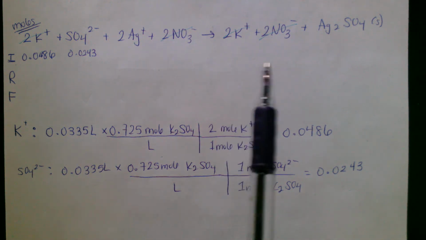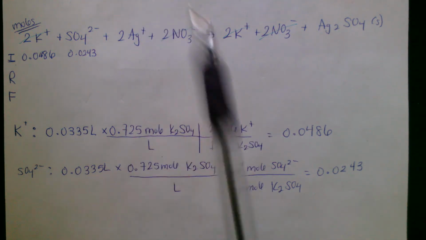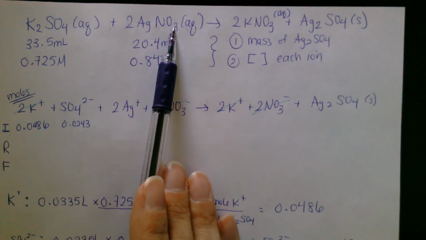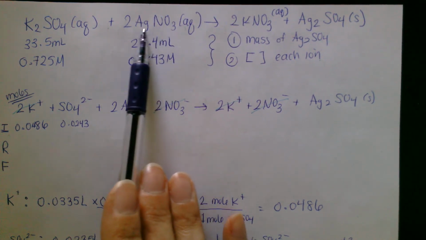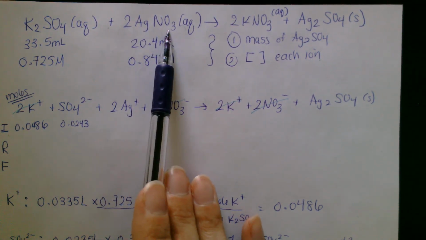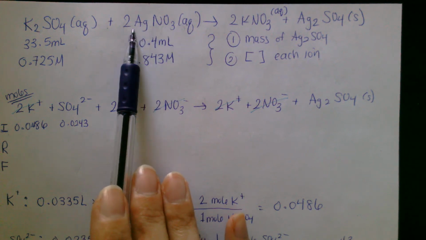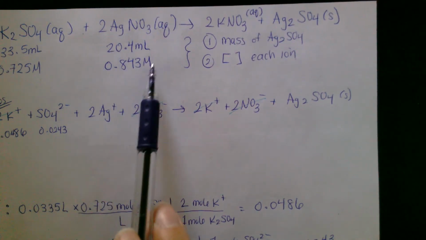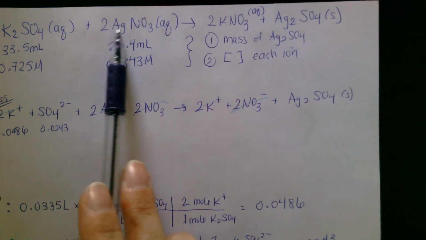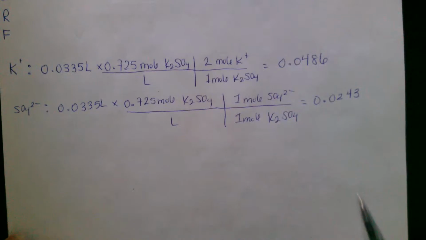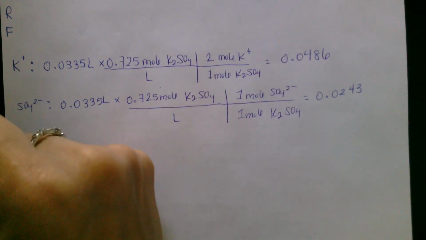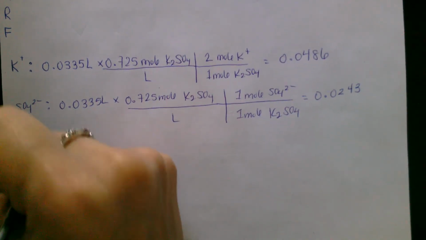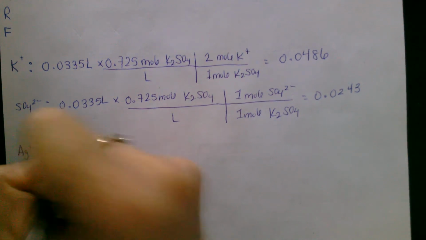Now we're going to look at the silver nitrate. This one is nice, we get to do a little bit less work. Since these ions are both 1:1, if I find the concentration of this solution, I'm going to get the concentration of each ion. So Ag plus and NO3 minus will be the same.